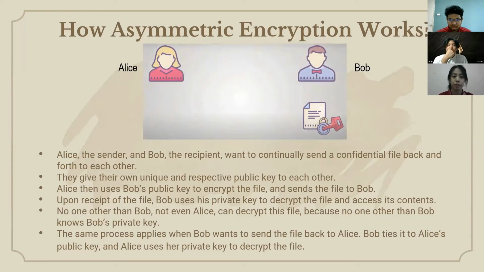Upon receipt of the file, Bob uses his private key to decrypt the file and access its contents. No one other than Bob, not even Alice, can decrypt this file because no one other than Bob knows Bob's private key. The same process applies when Bob wants to send the file back to Alice. Bob encrypts it with Alice's public key, and Alice uses her private key to decrypt the file.